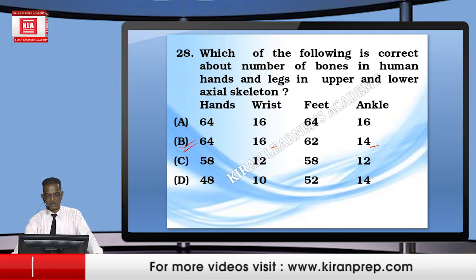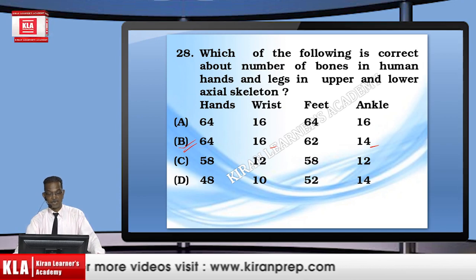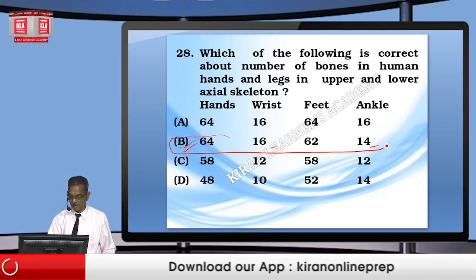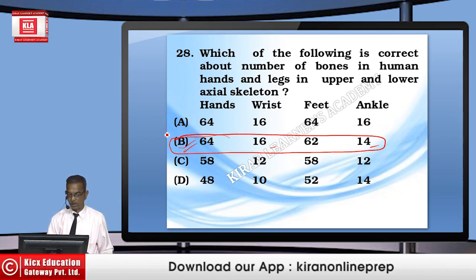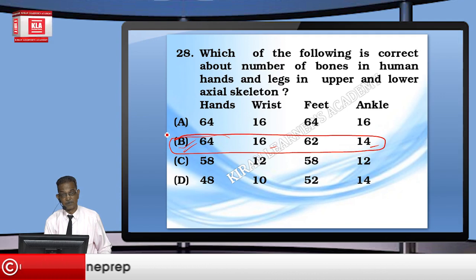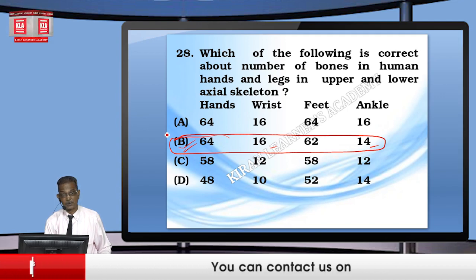And hence the number is 64 and 62. That is the correct option for the number of the bones in the hands and in the feet areas, that is the forelimbs and the hind limbs.